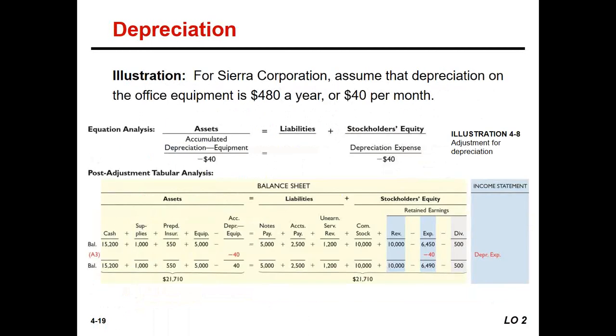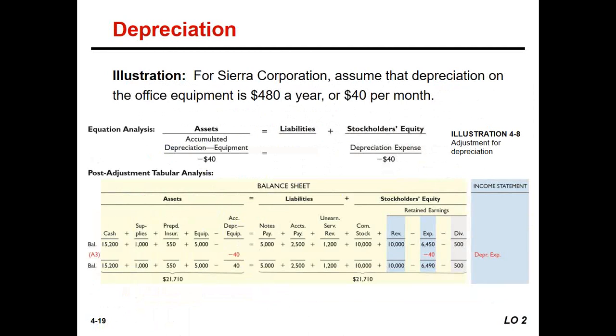In our books, on our spreadsheet, we will now have a new column called Accumulated Depreciation. Accumulated depreciation will be all of the depreciation to date for that piece of equipment, that building, that vehicle. Well, why don't we just reduce equipment, you say?